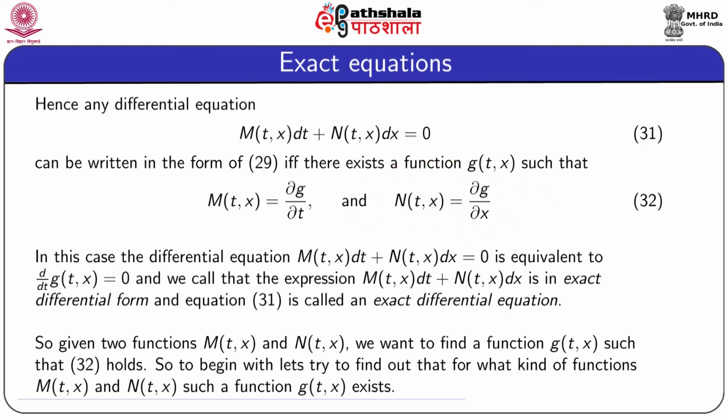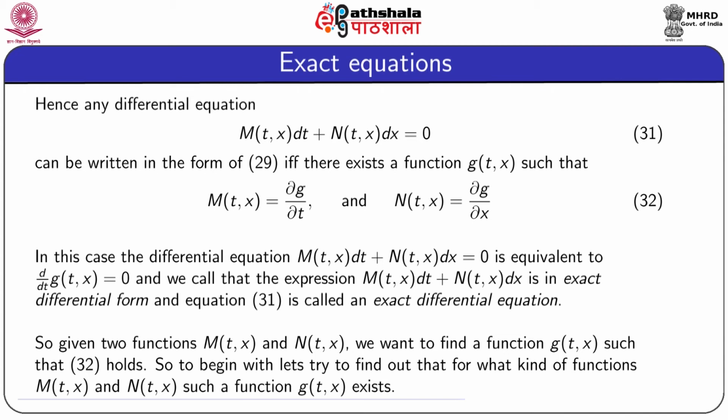In this case, the differential equation M dt plus N dx equal to 0 is equivalent to d/dt of g(t,x) equal to 0, and we call the expression M(t,x) dt plus N(t,x) dx an exact differential form, and hence equation 31 is called an exact differential equation. So, given two functions M(t,x) and N(t,x), we want to find a function g(t,x) such that equation 32 holds.